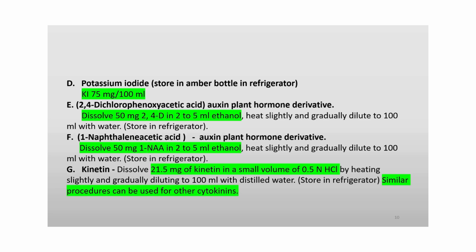And kinetin, a cytokinin derivative: dissolve 21 milligram of kinetin in a small volume of 0.5 normal hydrochloric acid by heating slightly and gradually dilute to 100 ml with distilled water, stored in the refrigerator. A similar procedure can be used for other cytokinins if we are using them in the medium.